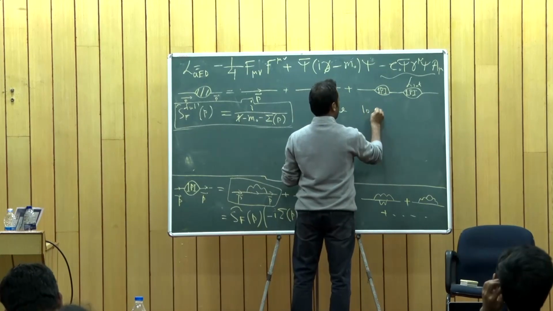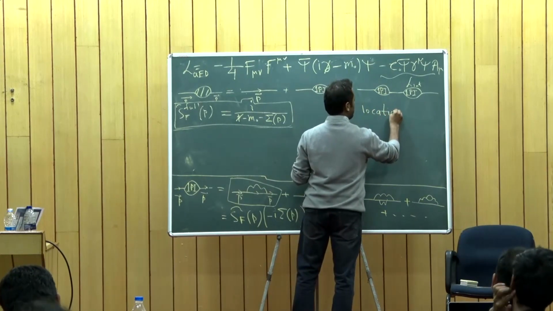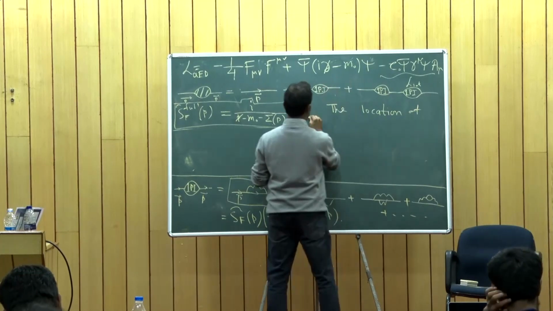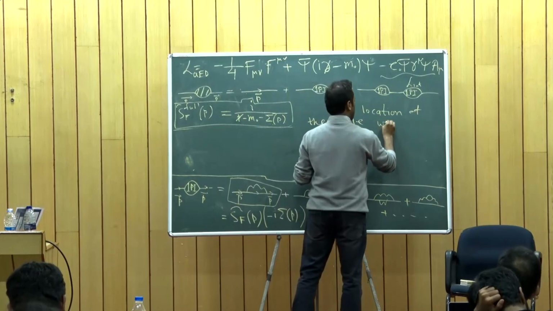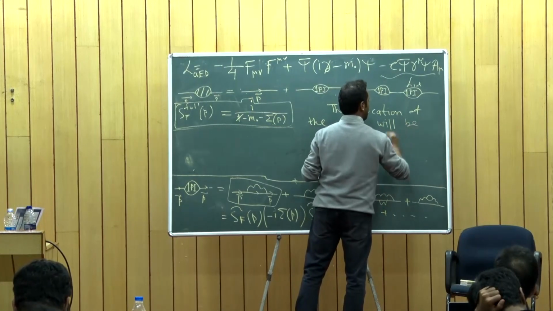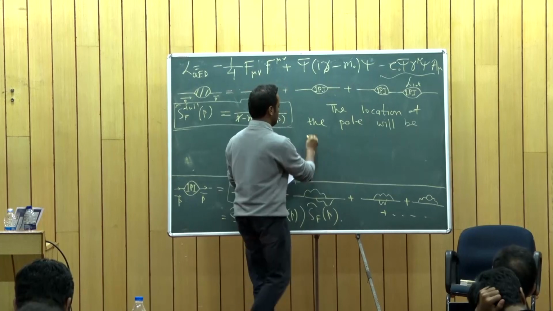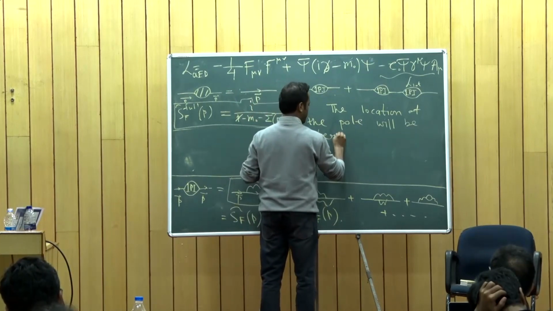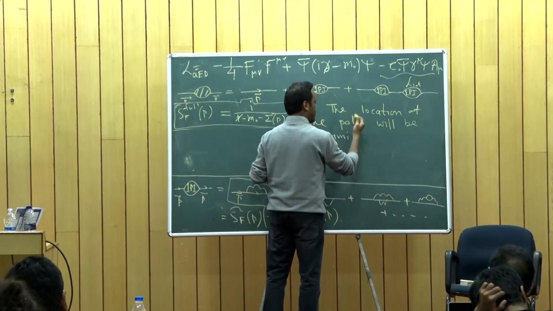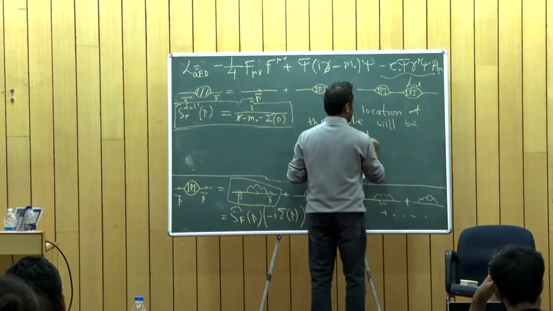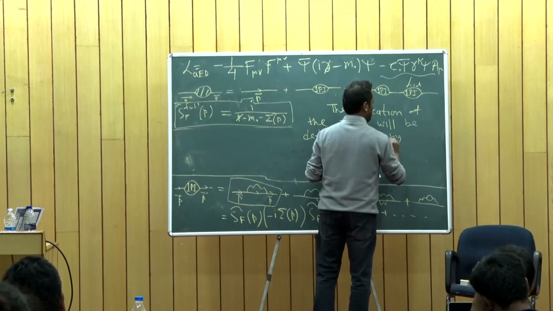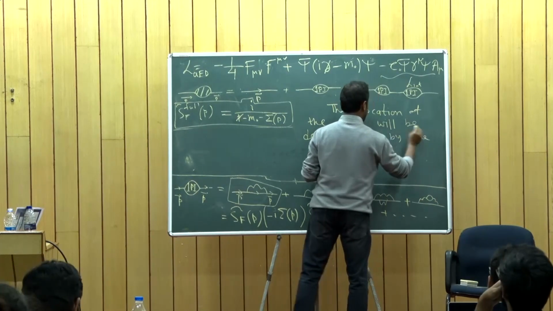The location of the pole will be determined, which will also be the physical mass. In fact, we will take that as a definition of the physical mass by the following equation, right?